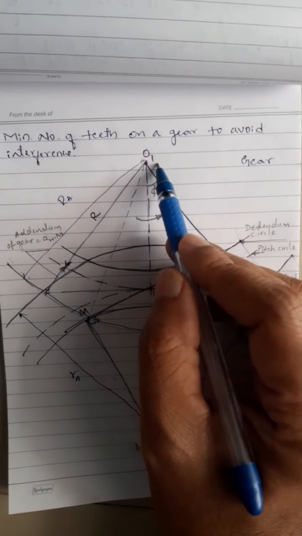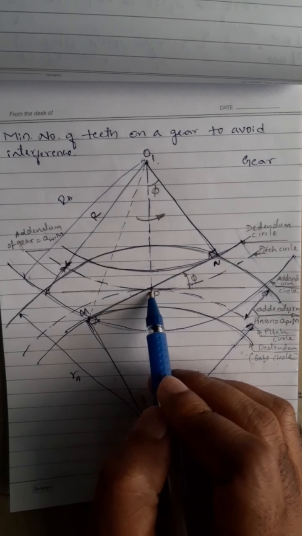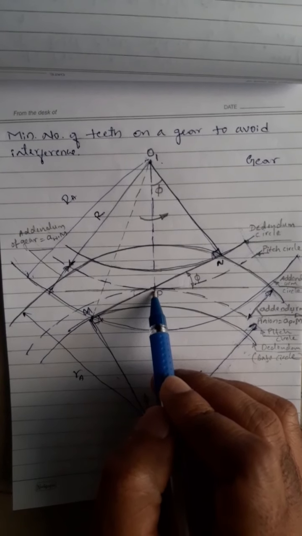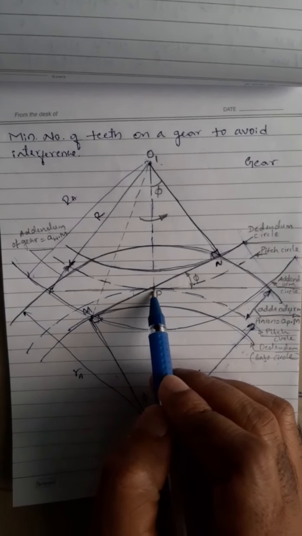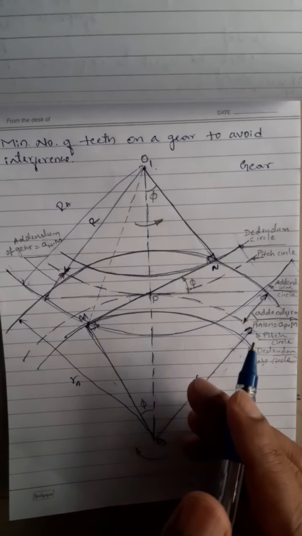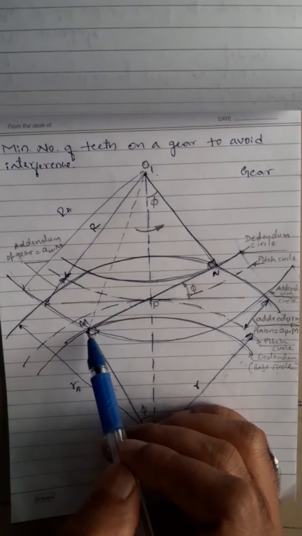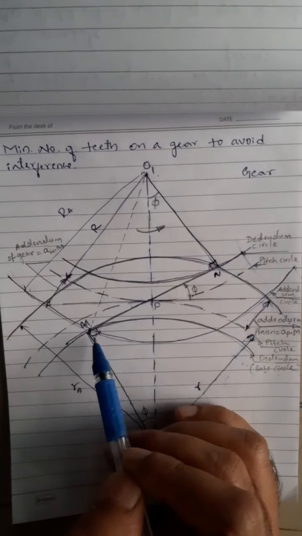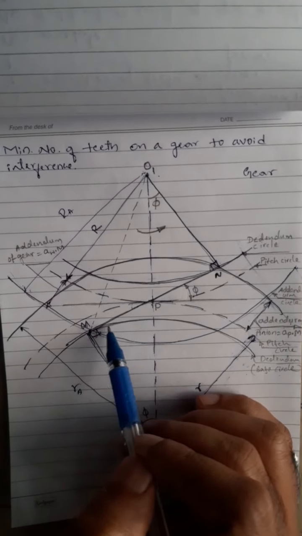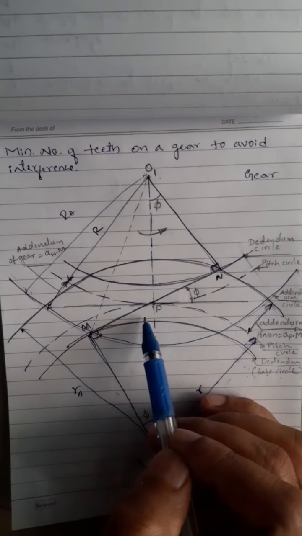The cosine rule says that side C square is equal to side A square plus side B square minus 2AB into cos of angle C. Now applying the cosine rule for the triangle O1PM, we have O1M square is equal to O1P square plus PM square minus 2 O1P into PM into cos O1PM.